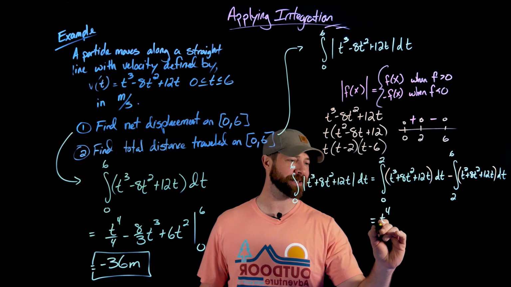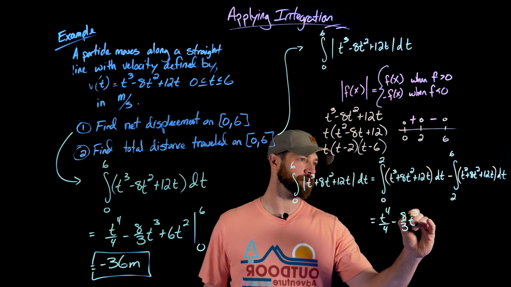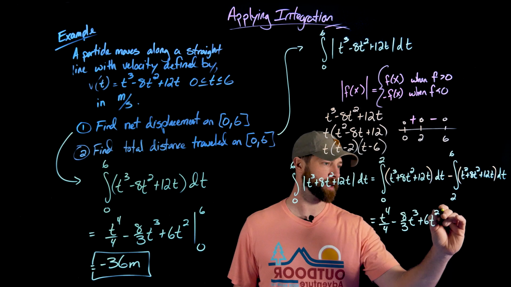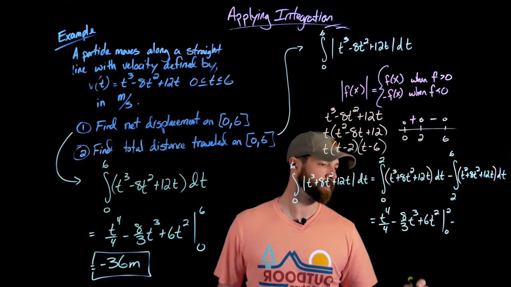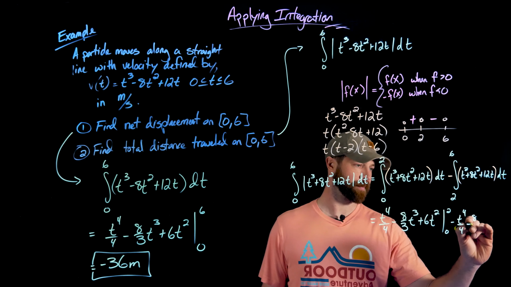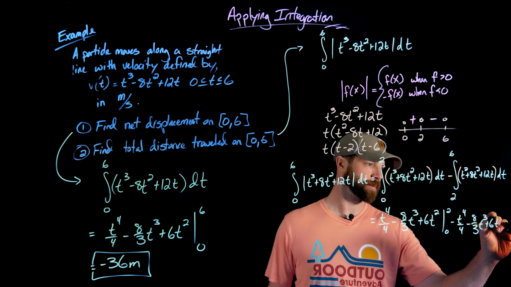These end up being exactly the same as that one over there, obviously. Rewrite this out real fast. Plus this ends up being a 6t squared. Now from 2 to 0, minus the same thing evaluated from 6 to 2.